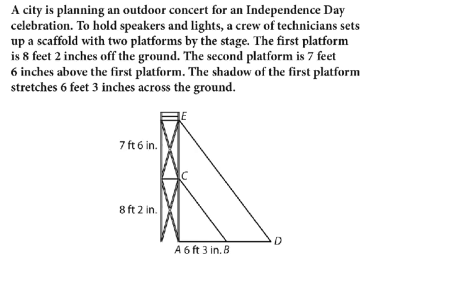One last one. A city is planning an outdoor concert for an Independence Day celebration. To hold speakers and lights, a crew of technicians sets up a scaffold with 2 platforms by the stage. The first platform is 8 feet 2 inches off the ground. It's important to note that 8 feet 2 inches is 98 inches.